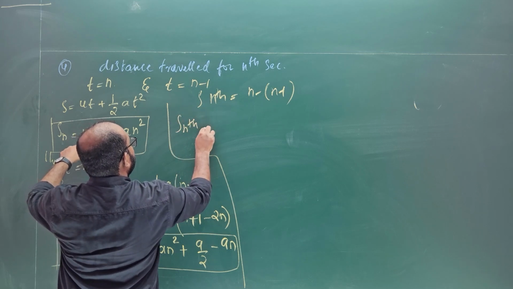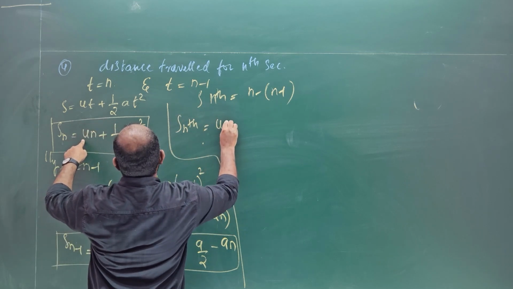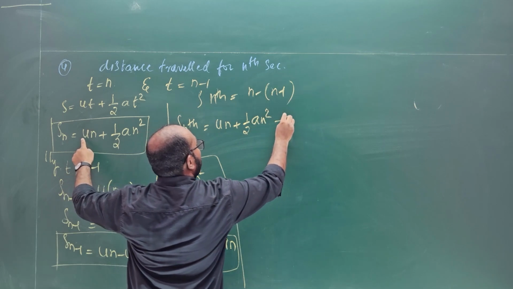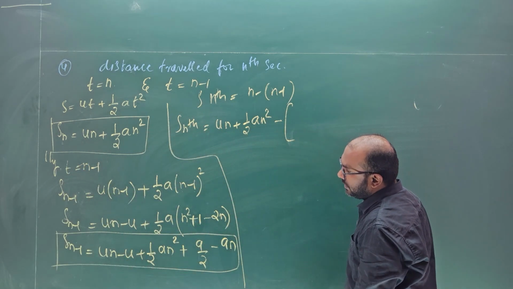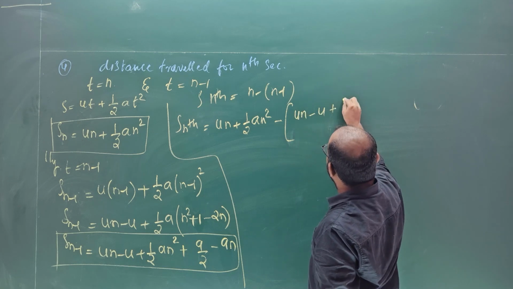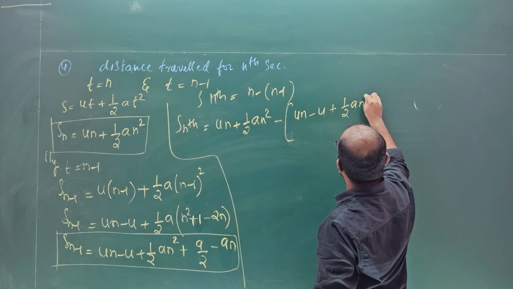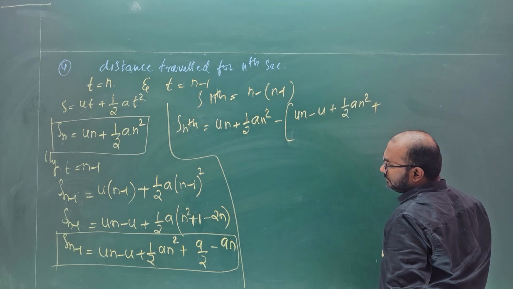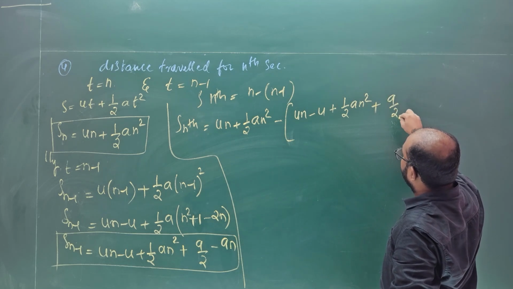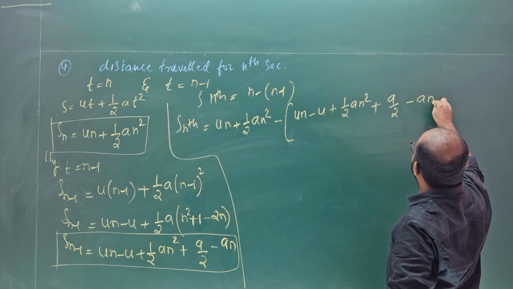For S_nth, S_n is what? un plus half an square minus, un minus u plus half an square plus a by 2 minus an.